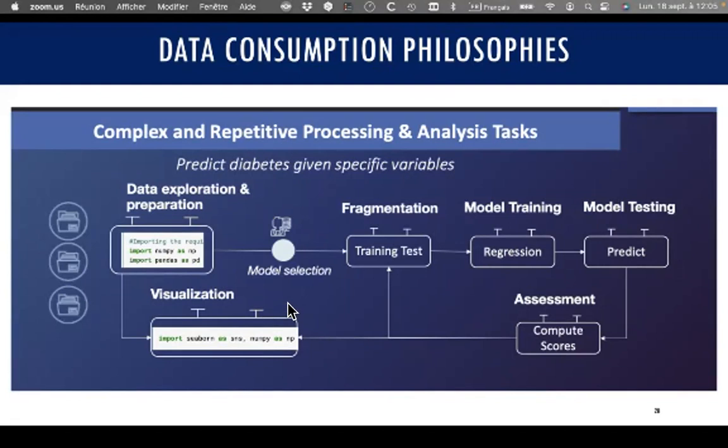And she or he would decide which is the good model in order to predict. For example, let's say that the person decides that since either I have diabetes or not, logistic regression would be a good way of predicting diabetes.